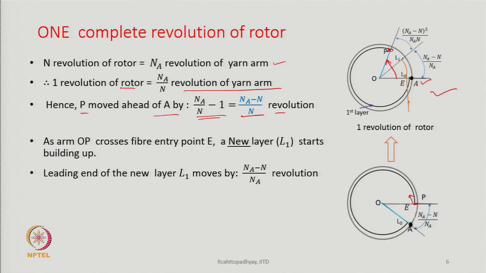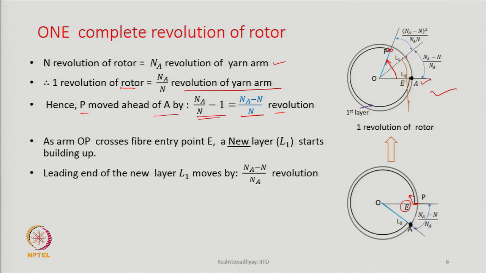L0 was the previous layer, now L1 has started building up, because just behind P you see there is an empty space, there is no fiber there, because all these fibers have been removed, or these fibers have been transformed into a yarn and then they have been pulled out. So, the moment P crosses this point, that is the fiber entry point E, which is here, a new layer starts building up, that is the layer L1. We are showing the layer L1 by orange color.